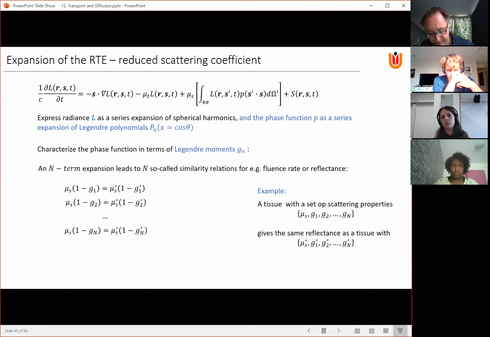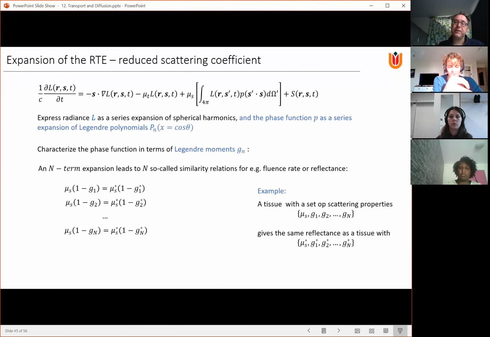So if you have a tissue with scattering coefficient μs and coefficients for the phase function g1, g2 up until gn, that will give you the same reflectance as a tissue with another set of optical properties, μs star, g1 star, g2 star, gn star. You will get the same reflectance, the same fluence rate, the same everything, when these equalities hold.